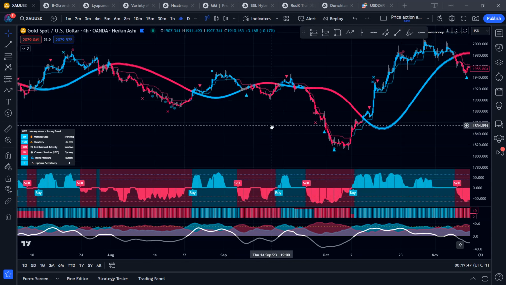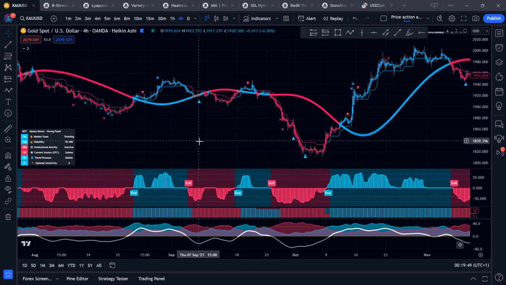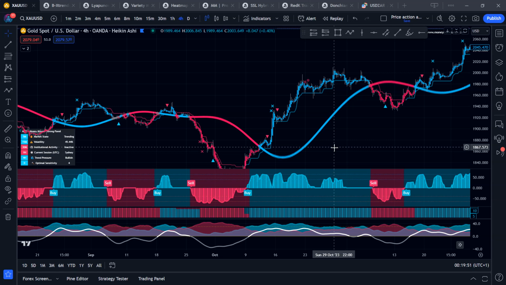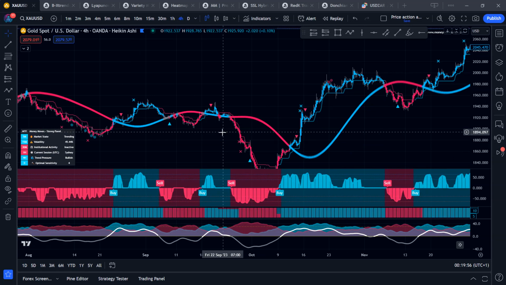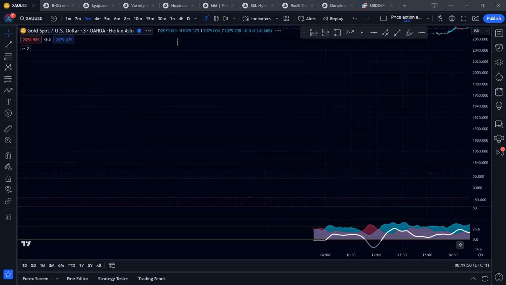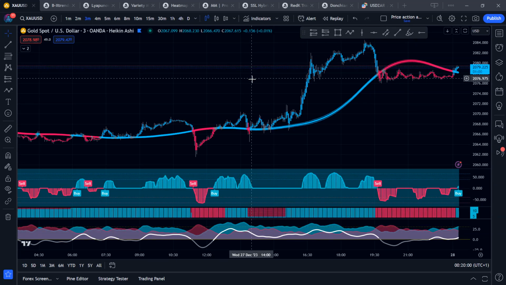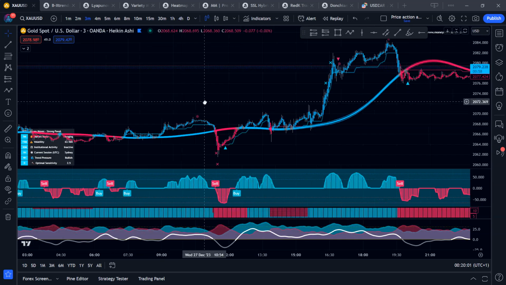And now I am going to show you how to avoid false signals, especially on the lower time frames. So let's go to 3 minute. I do prefer the 3 minute because it's between 1 and 2 and 4 and 5, which makes it pretty balanced.